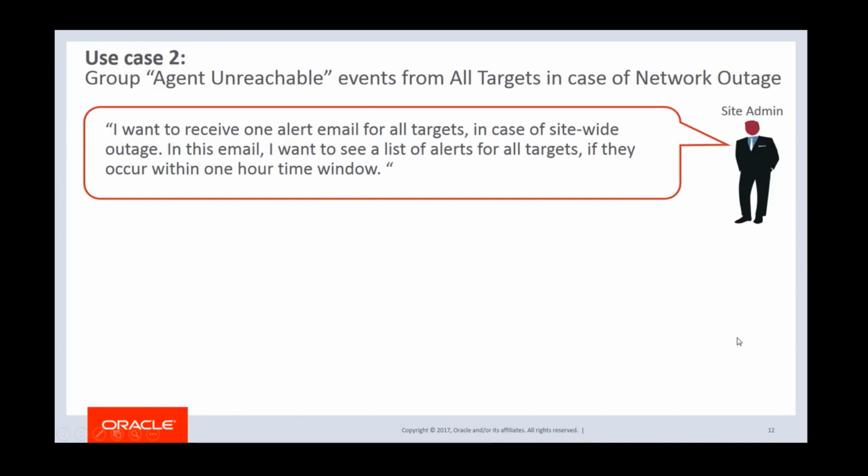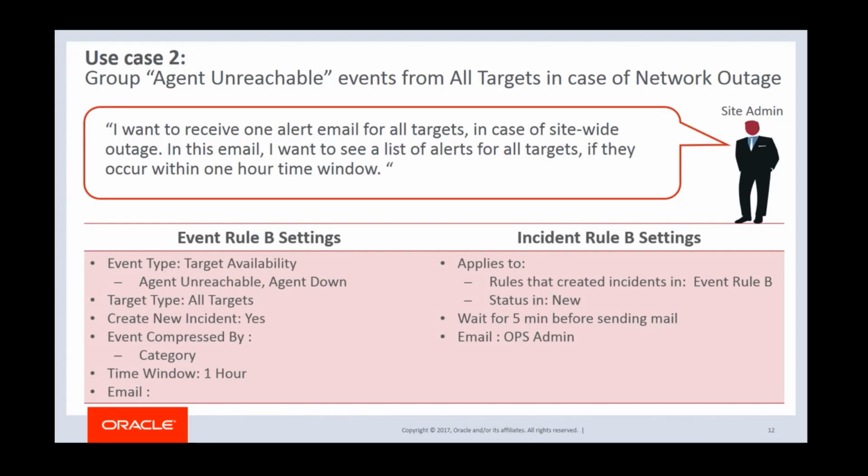Another use case: a data center site administrator wants to receive only one email alert when there is a site-wide outage and all of his targets go down. He doesn't want to have hundreds of emails coming into his mailbox, but he still wants to have a list of targets that are affected by this outage. And he can do this by creating an event rule to group agent unreachable events from all the targets in the data center.